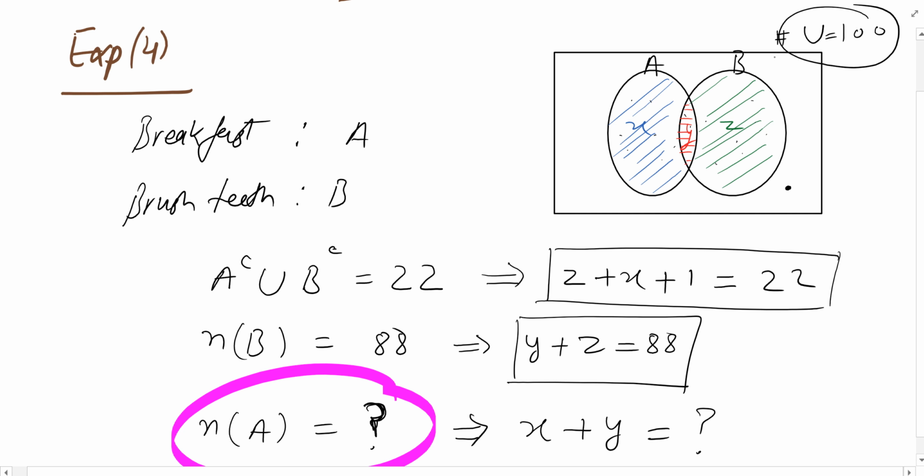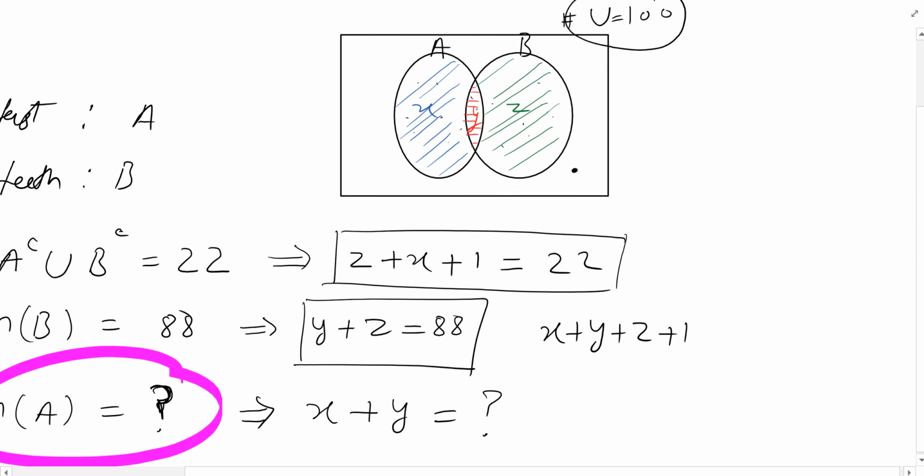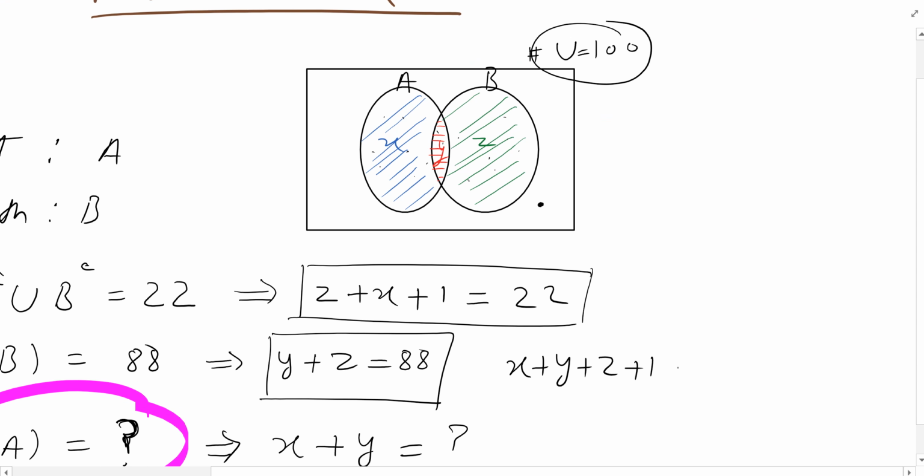The universal set is made of all those people: one guy, Z, Y, and X. Total should be 100. So let me write down the statement right here. All together, they are making 100.